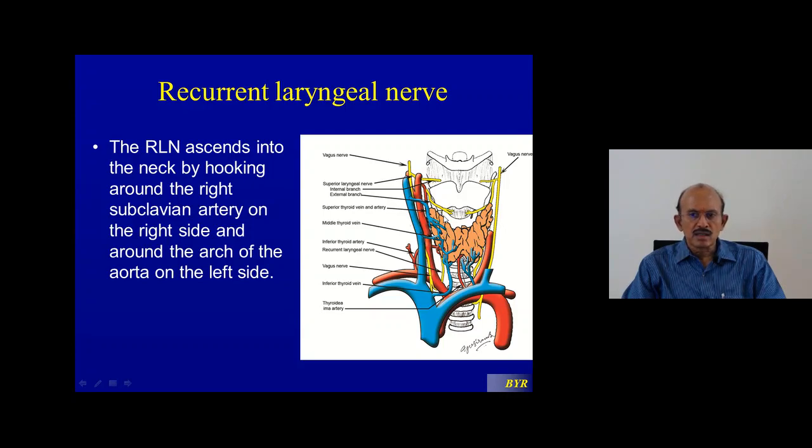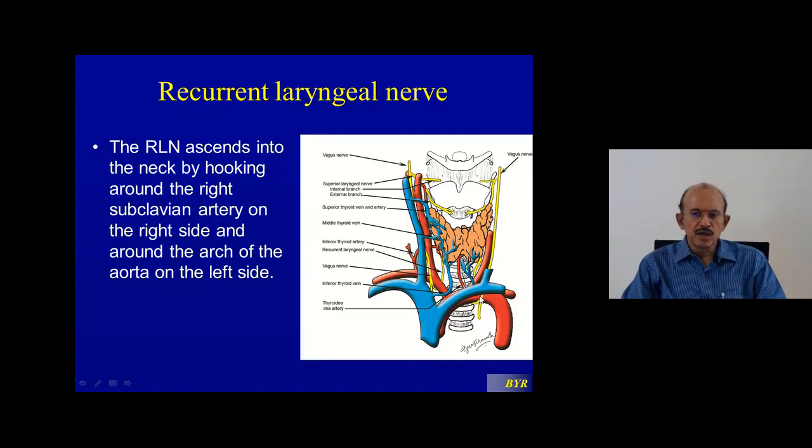Then it crosses the Berry's ligament and enters the larynx between cricoid cartilage and thyroid cartilage. This is on the right side. On the left side, the vagus nerve comes down. It passes in front of the arch of the aorta.